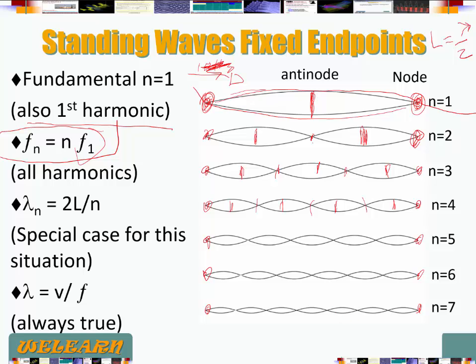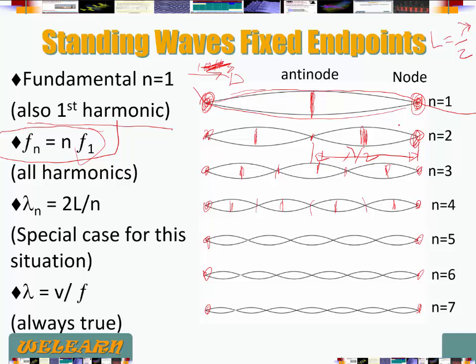The other thing that you need to remember, the length of the distance between a node to the next node, what we call a segment, is the wavelength over 2. So if we can physically measure that length, like with a ruler, then we immediately know what the wavelength is.